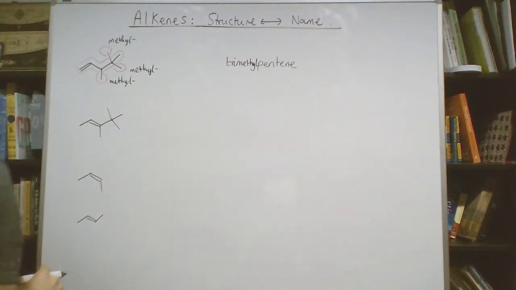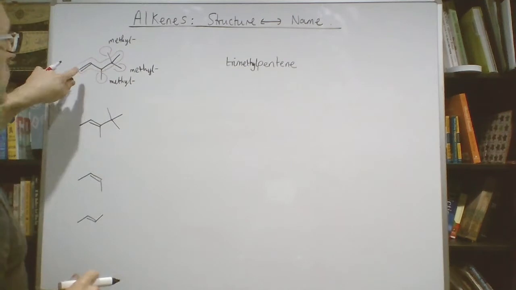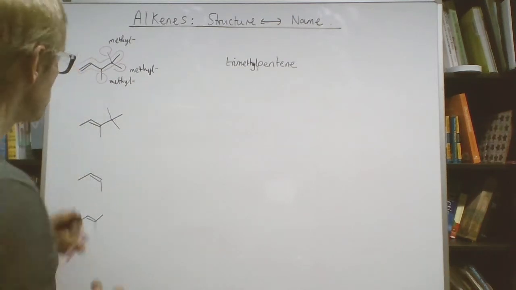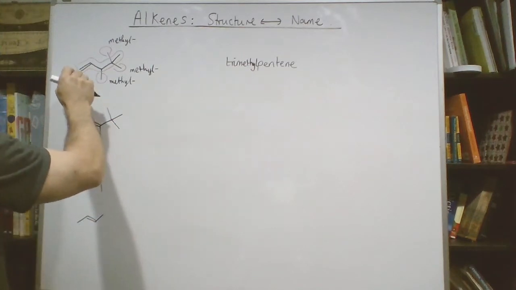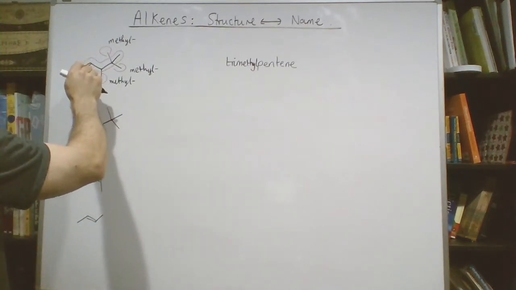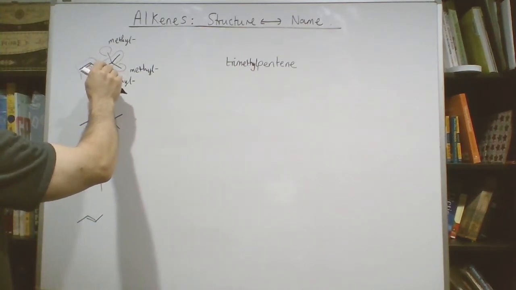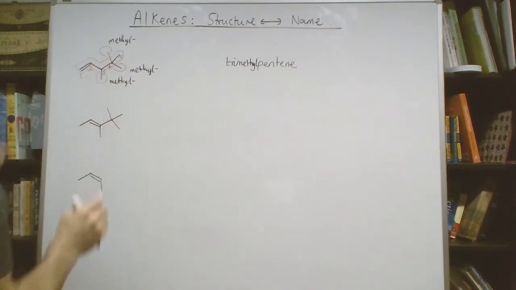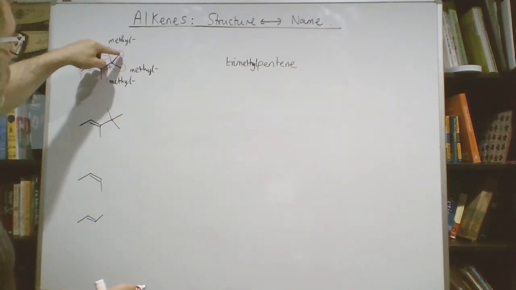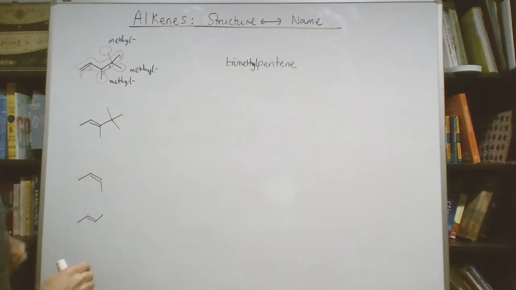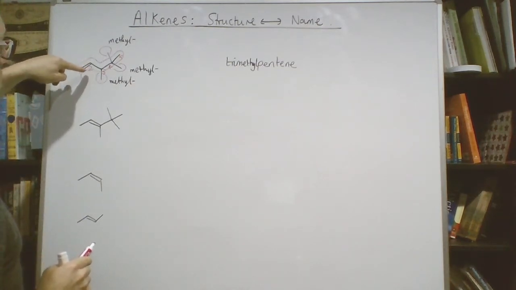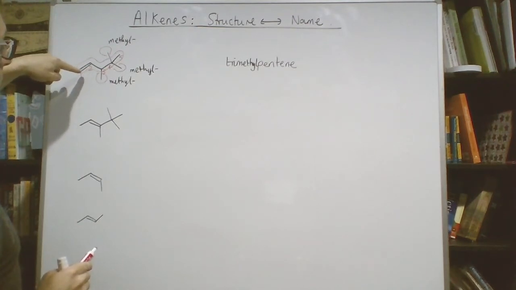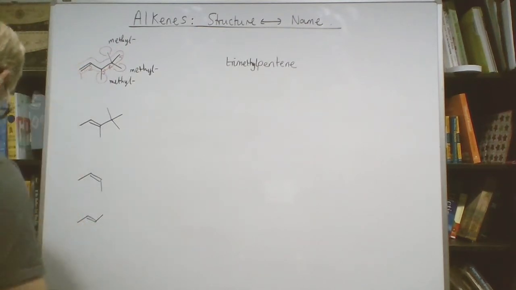Where are the methyl buds? Well, the dominant feature in an alkene is its double bond, so we want to give the double bond the lowest 2 numbers we can. So that means we would start counting this way. So I've got 1, 2, 3, 4, 5. And the convention is you don't need to specify both numbers, you just have to specify one of them.